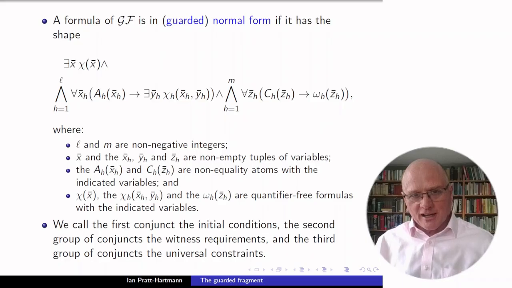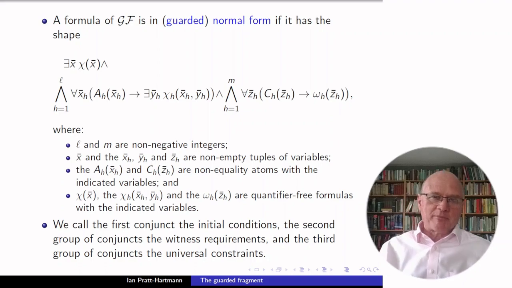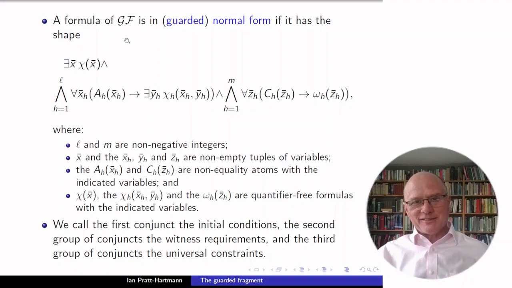Now a formula in the guarded fragment will be said to be in guarded normal form if it has the following shape. This is rather a complicated formula, so let's go through it step by step. We have three groups of conjuncts really. The first conjunct is simply a formula which says there exists x bar such that chi of x bar.